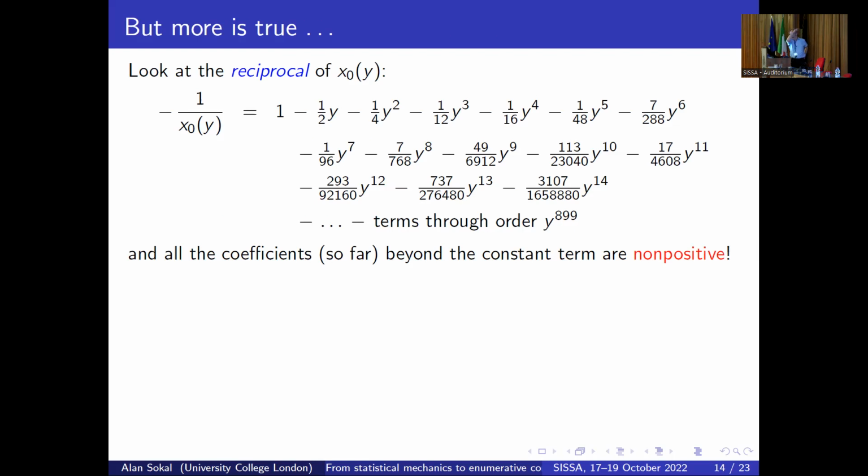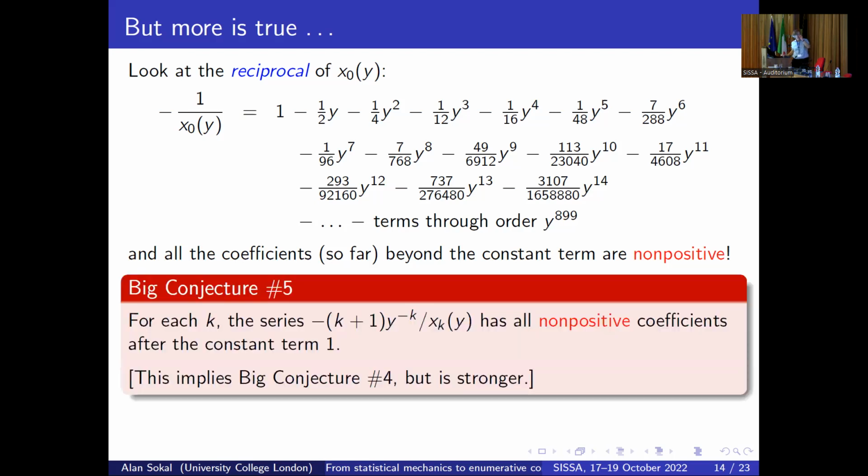That implies the previous thing, right? If you take a series 1 minus blah, and take its reciprocal, you get 1 plus blah. The converse is not true. So this is stronger than what I just saw. So big conjecture number 5: if you look at the reciprocals, they have all non-positive coefficients after the constant term 1. That implies the previous conjecture, but is stronger.